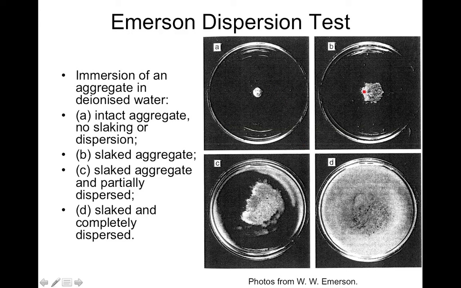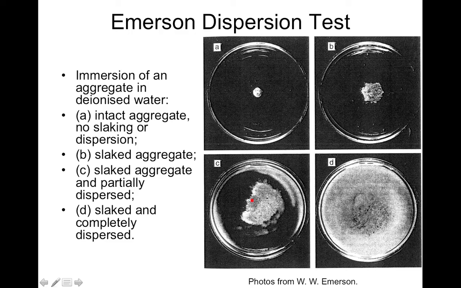Over here on B, we can see a slaked aggregate. The larger aggregate has broken down into its smaller constituent parts, into smaller aggregates. In picture C here, we can see a slaked aggregate that has slightly dispersed.